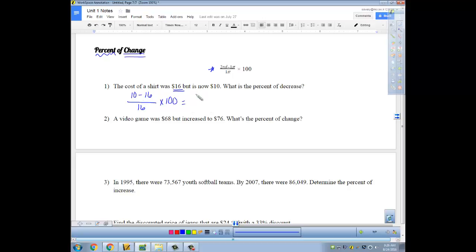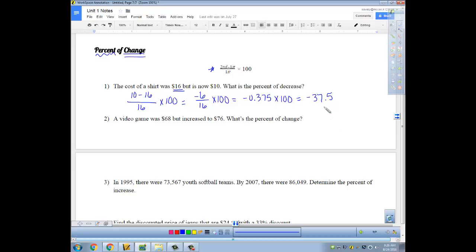So 10 minus 16 is negative 6, and you can use a calculator for this. And then negative 6 divided by 16 is negative 0.375. And then we will multiply by 100 to move that decimal over twice, so we get negative 37.5.